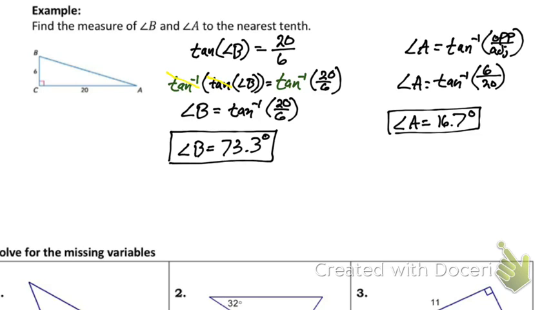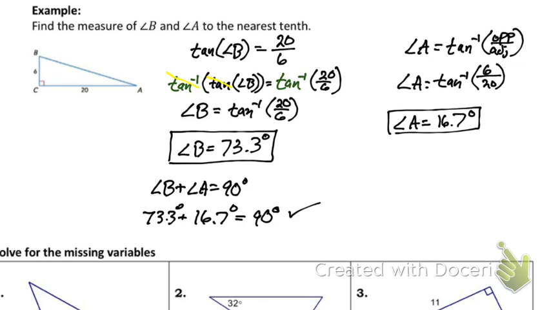Yeah, we have 90 to spread out between A and B. So angle B plus angle A needs to equal 90 degrees. We go 73.3 plus 16.7 does equal 90 degrees. So we are good.